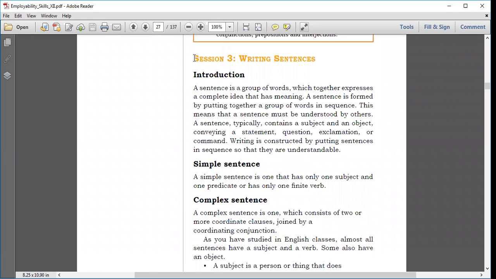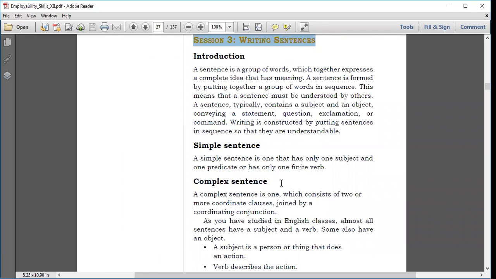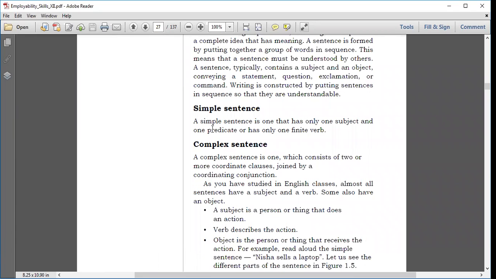So next session is about writing sentences. How do we write a sentence? A sentence is a group of words which convey certain proper meaning. And we have two kinds of sentences. One is a simple sentence, which has only one subject and one predicate. Right?